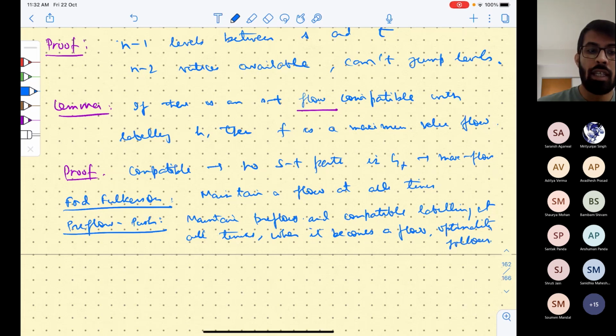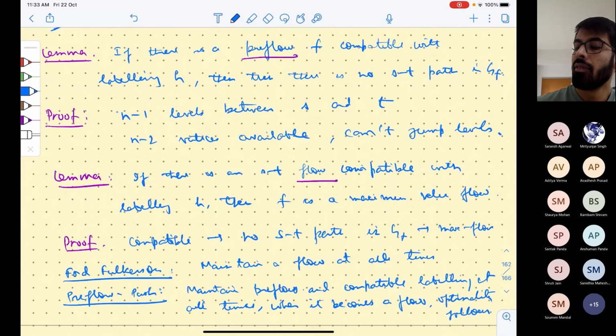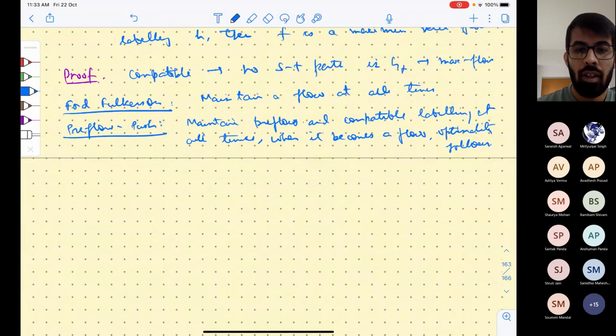So this is going to be the idea: here we will have a preflow, we'll maintain a labeling, and then we'll keep trying to make it into a flow. And when it becomes a flow, since we are always maintaining a compatible labeling, the optimality will follow because of these two lemmas. Any questions?